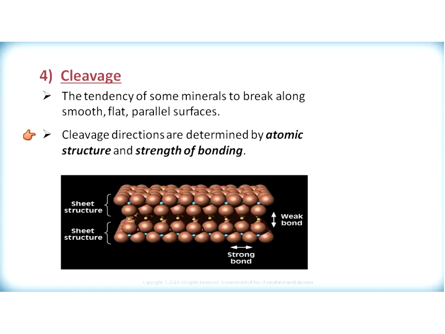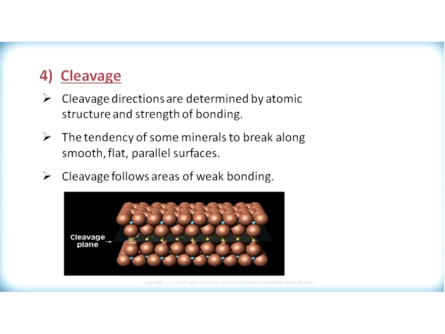These two properties determine how a mineral will cleave. Cleavage directions are determined by atomic structure and the strength of bonding. So the tendency of some minerals to break along smooth, flat, parallel surfaces, that is cleavage planes, will depend on how the atoms are bonded together and their arrangement. Cleavage follows areas of weak bonding.